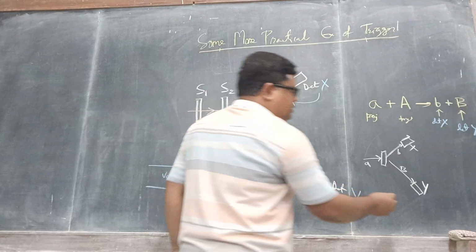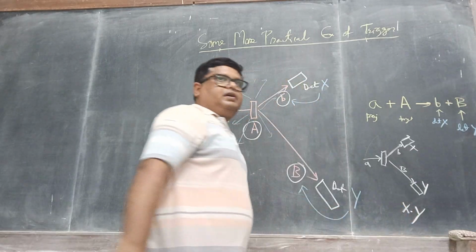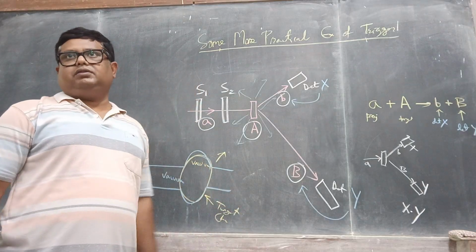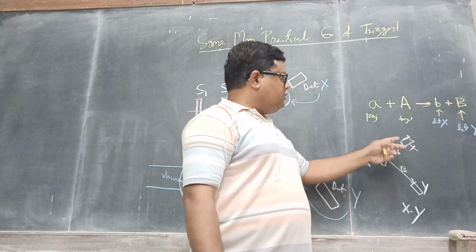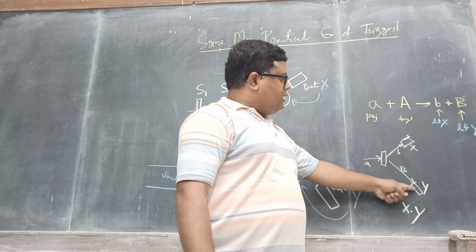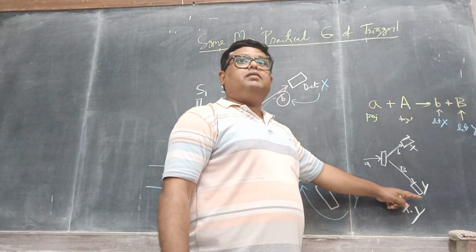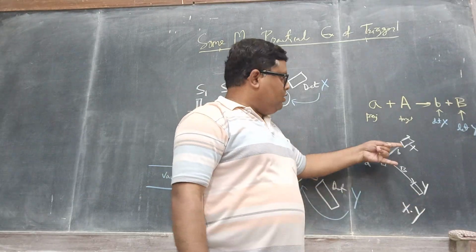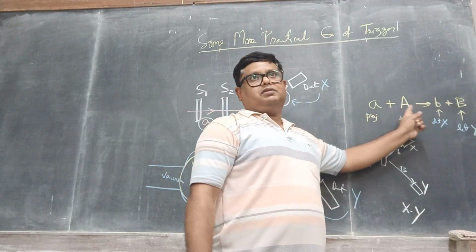The trigger should be just X dot Y, isn't it? That should be the basic trigger. Basic trigger means we will record only the counts in X and Y when both are present at a time. Then those counts will correspond to the coincidence when this particular reaction happens. Okay.